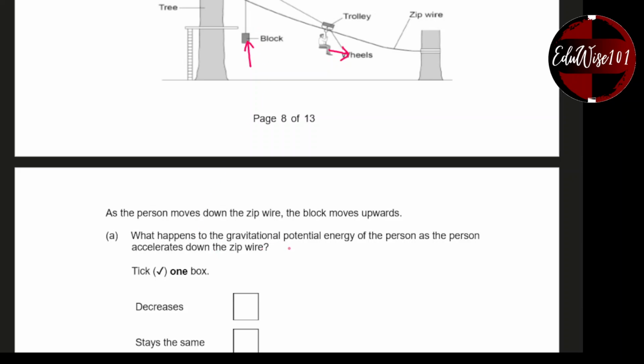What happens to the gravitational potential energy of the person as the person accelerates down the zip wire? Gravitational potential energy, GPE, depends on the mass, gravitational field strength, and the height. Well, the person is going down, so the height is decreasing, so the gravitational potential energy decreases.